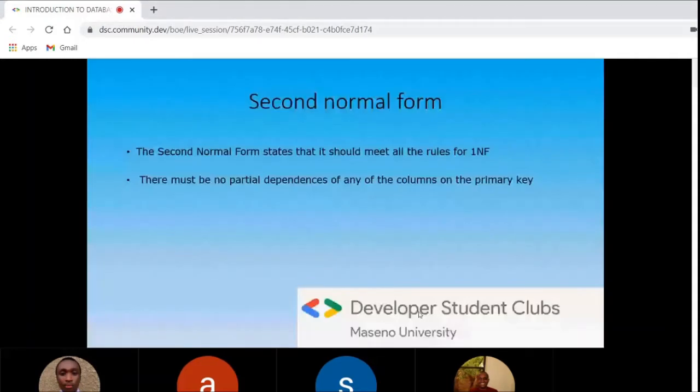That would not make a lot of sense according to the second normal form, because there are partial dependencies of the columns on the primary key. Because if the primary key is the customer ID, whatever the customer purchased has no direct connection with the customer. So that's what we are talking of, partial dependencies of any columns on the primary key. I hope that's clear.